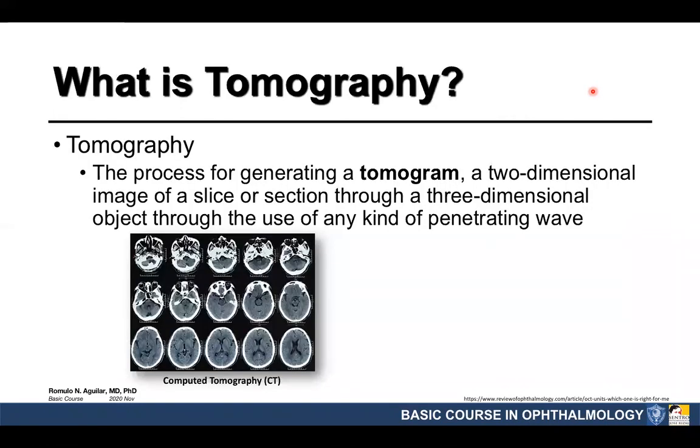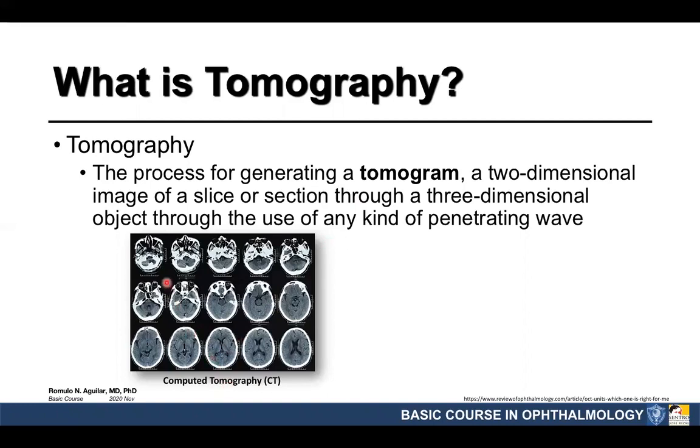Now, what is tomography? We keep on saying optical coherence tomography, but what really is tomography? Well, tomography is the process for generating a tomogram. A tomogram is a two-dimensional slice of a three-dimensional object. Okay, so the best tomography that is known to us would be computed tomography or your CT scan.